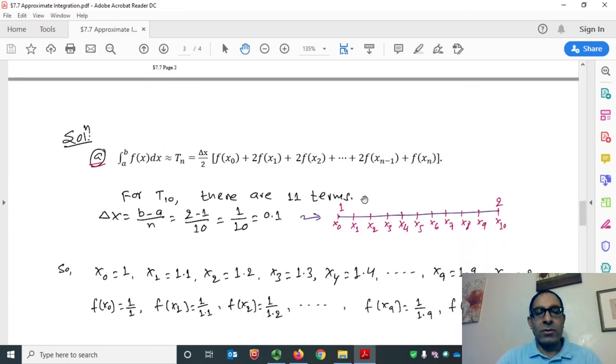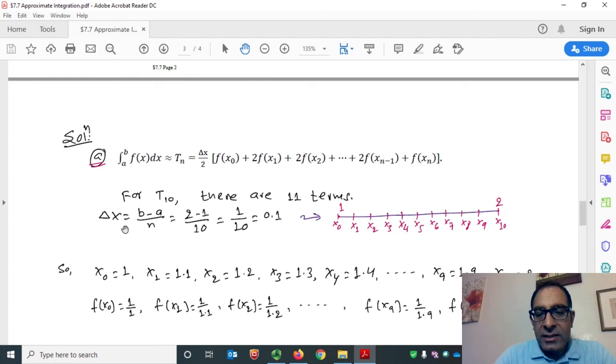So first, trapezoidal rule. Here is the formula. So for the trapezoidal rule, I need to find the width, delta x, then x0 is the left endpoint, which is 1, and then I need to find x1, x2, dot dot dot, xn minus 1. xn will be the right endpoint, which is 2. These points we can find by adding delta x to x0.